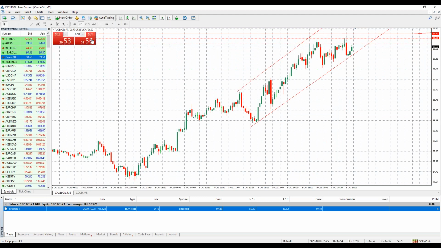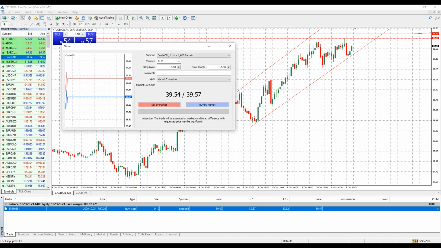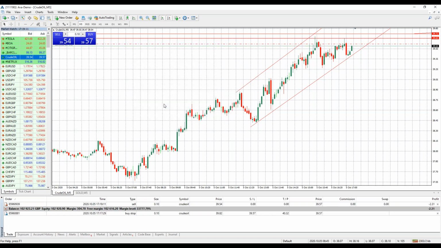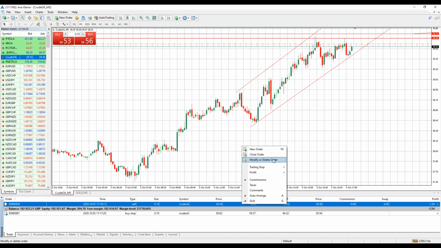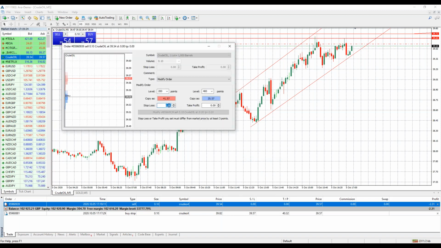You could also do the opposite. You could say, I'm going to do a market sell. So why might I do a market sell when I prepare to buy? Because right now it's just below the resistance. And so maybe I say my stop loss would be at 39.8. Modify, 39.8 for my stop loss.